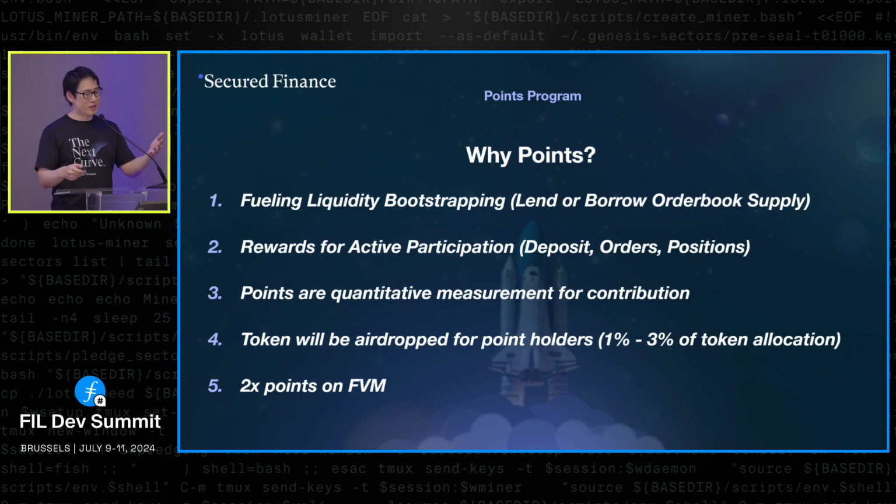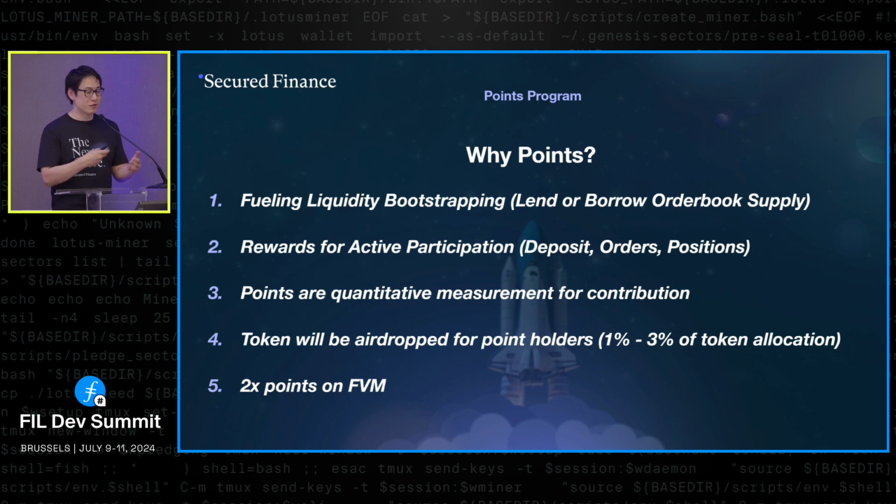So we really want at least one side, like Filecoin team members, to say, hey, please provide the lending side, and then I can find the borrowers, right? And then vice versa. So we definitely need this bootstrapping, and we can pay out points. These points can be used as a quantitative measurement for token distribution.